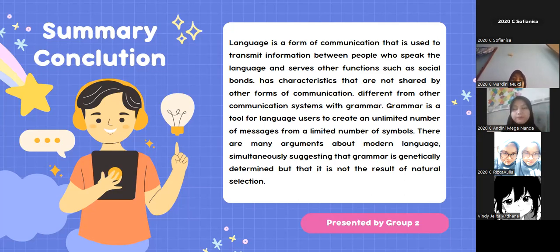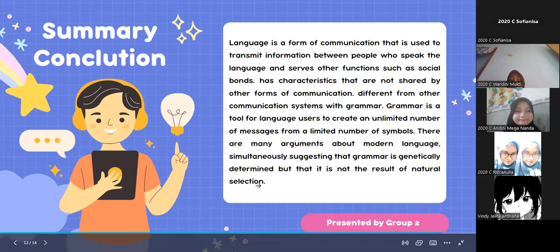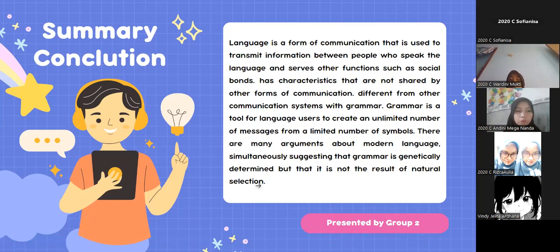Grammar is a tool for language users to create an unlimited number of messages from a limited number of symbols. There are many arguments about modern language, simultaneously suggesting that grammar is genetically determined, but that it is not the result of natural selection.